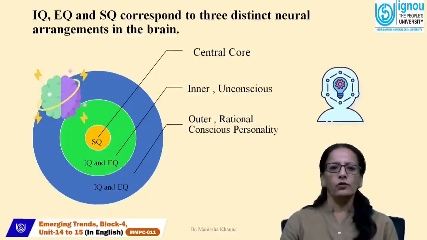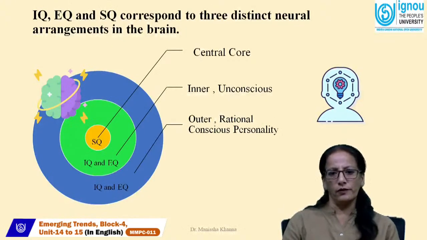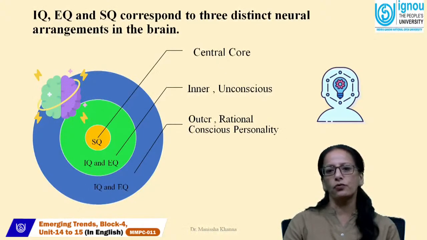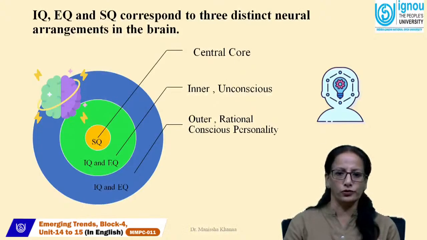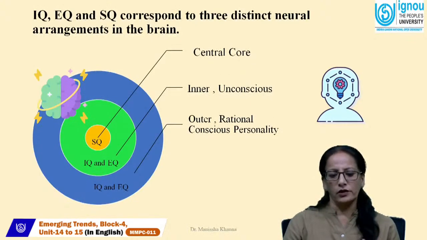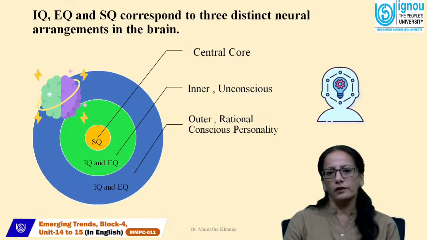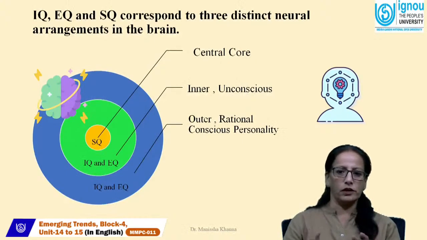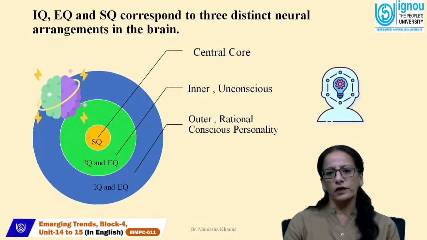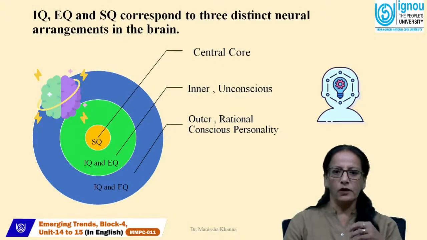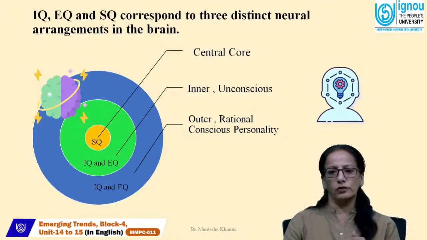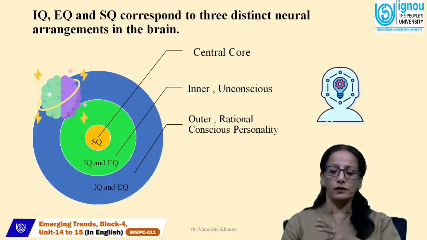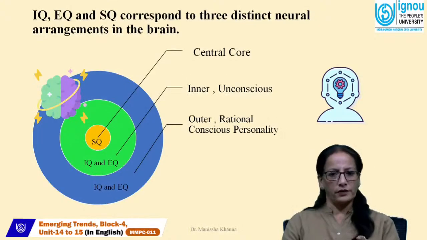So IQ, EQ and SQ are very well defined in this circle, where the SQ is the central core of a human being, of the human emotions. IQ and EQ are the inner and unconscious area of us. The outer area is the conscious personality, what we are showing to people, how we are, the learned behavior, our attitude, or when we are thinking rationally.